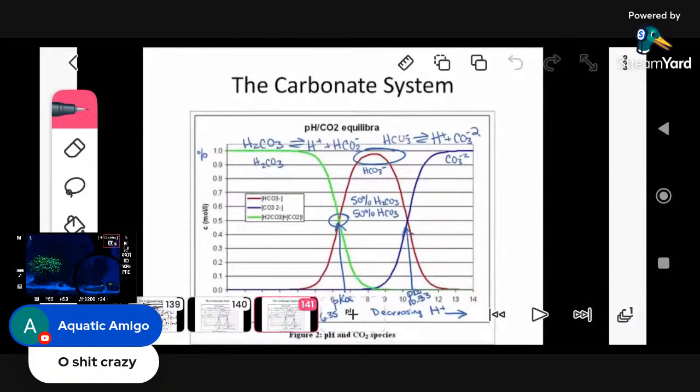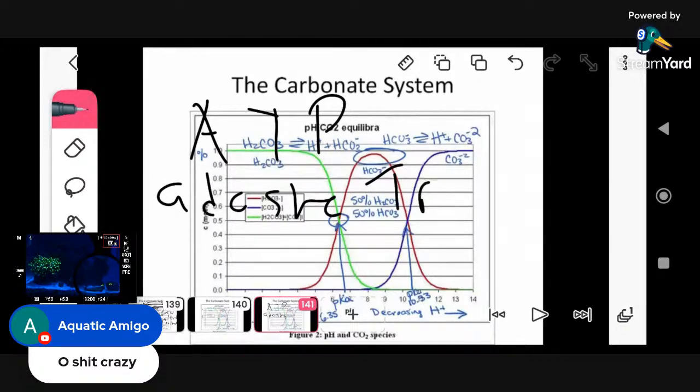So when you look at a label, for example, ATP. ATP is the molecule of energy. It's called adenosine triphosphate.